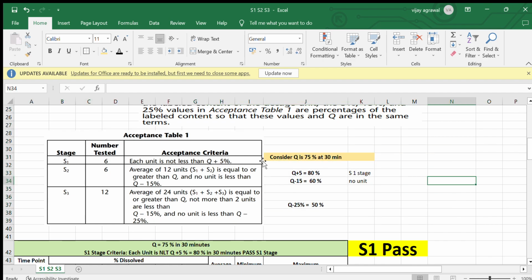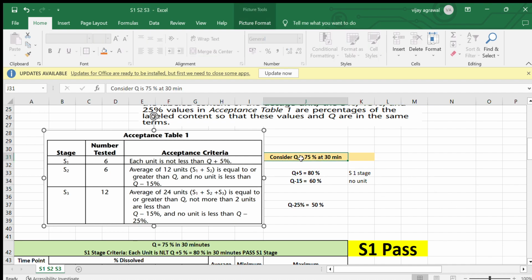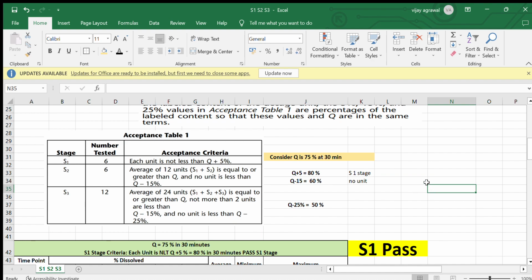That is Q plus 5. Whatever the Q is, if your Q is 80%, Q plus 5 will become 85%. If your Q is 75%, your S1 criteria will become Q plus 5, that is 80%. Q minus 15 will become 60%, and Q minus 25 will become 50%.